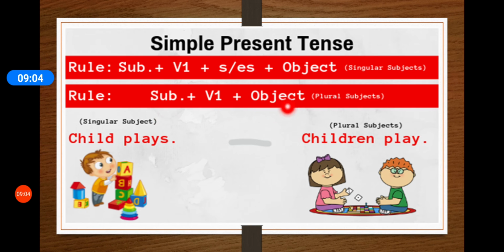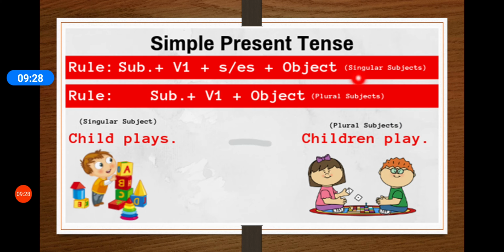When we have a plural subject, we just have to add first form of the verb and the object. Object is the rest part of the sentence. So, for example, children play. Children is a plural subject, plural noun. So, we just have to add the first form of the verb, play.